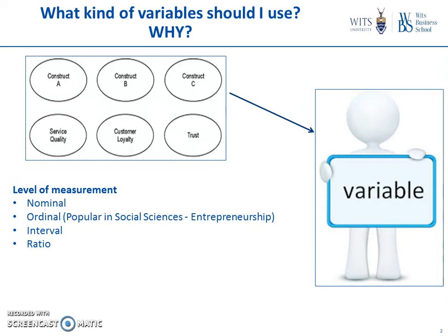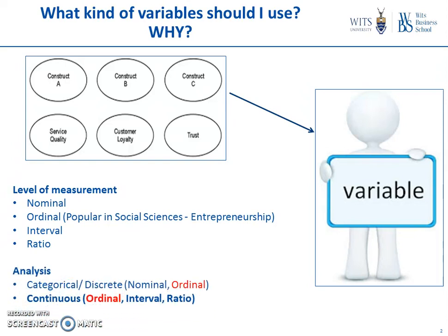So there are different levels of measurement. We've discussed this in class: you have your nominal, ordinal, interval, and ratio kind of measurement. Ideally you want what we call continuous data, because continuous data allows you to do a lot of things.